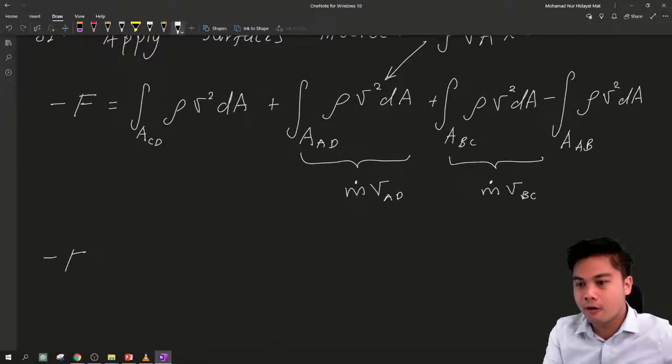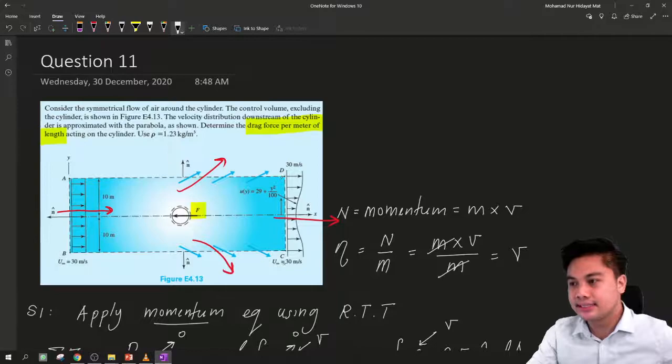Summation of force, which is negative F, equals the integration over area CD, which is C to D here, given with the equation of velocity as a function of y, u(y) equals 29 plus y squared over 100.